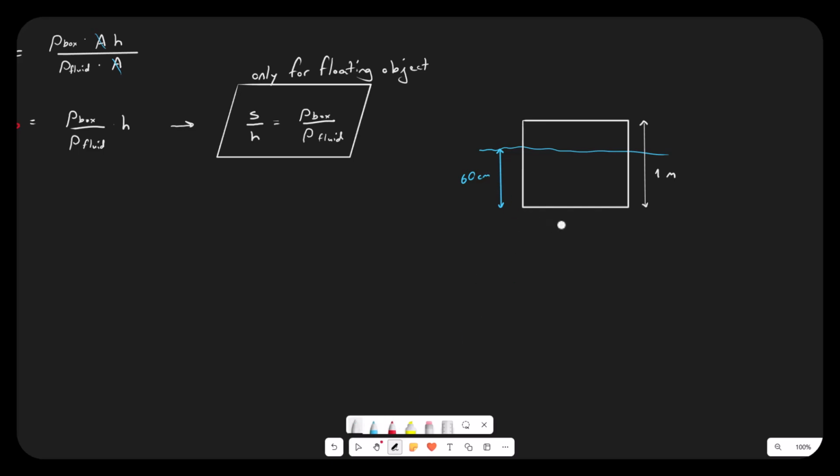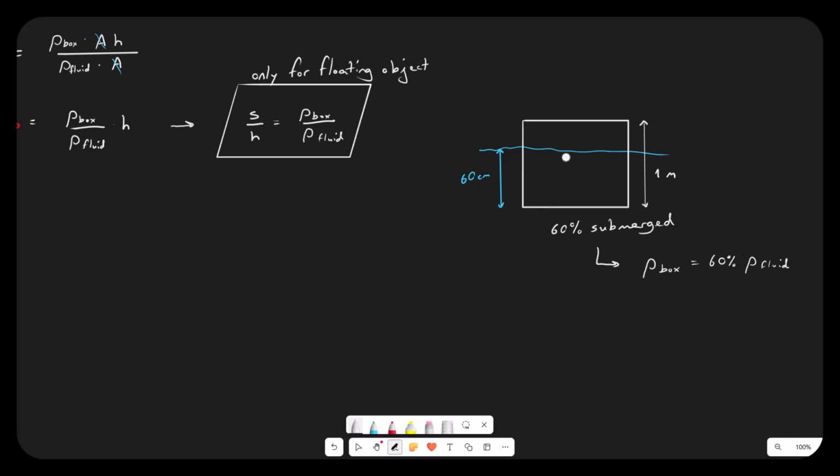That means this box is 60% submerged. That tells me that the density of the box over the density of the fluid is also 0.6. So the density of the box is 60% of the density of the fluid.